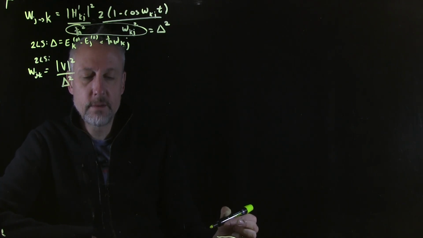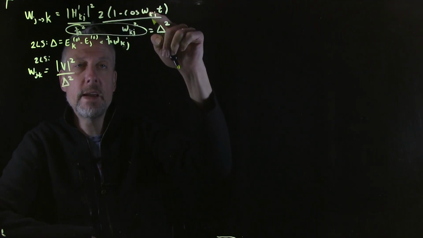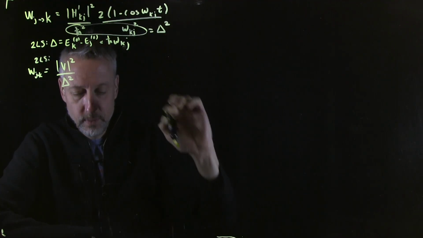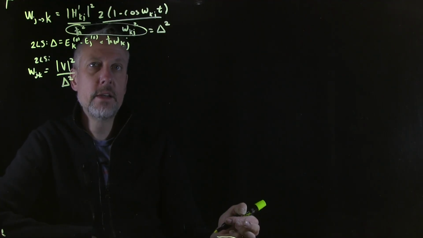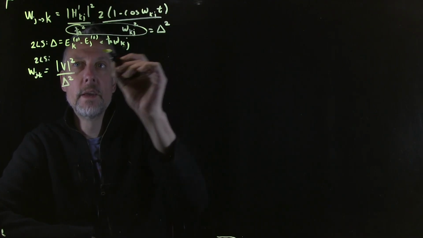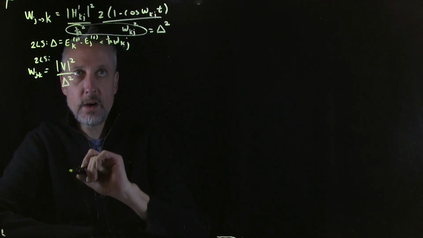Now what we're going to do is put in omega kj, sorry. Remember, that's the energy difference, so we want to convert that back into an energy. So we can put that omega kj is equal to delta divided by h bar.